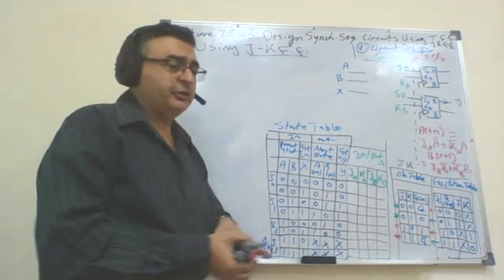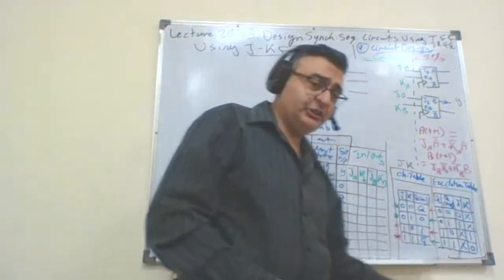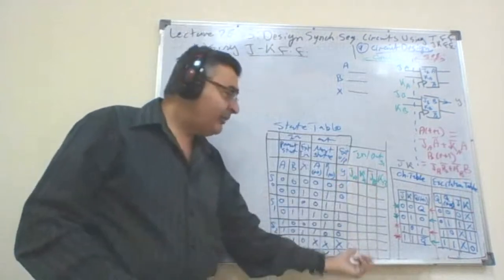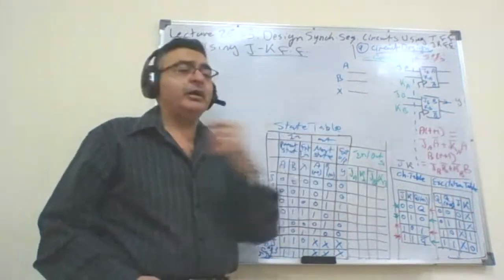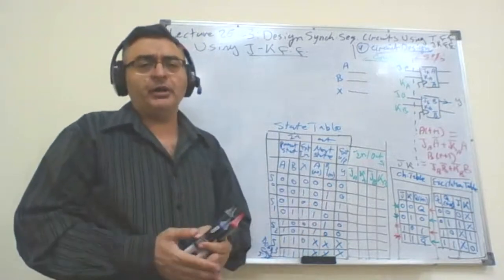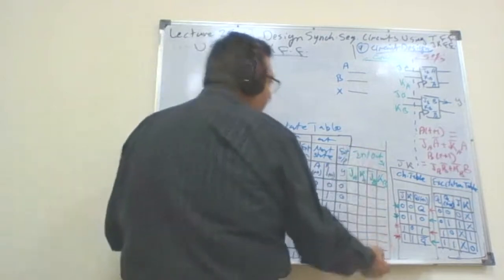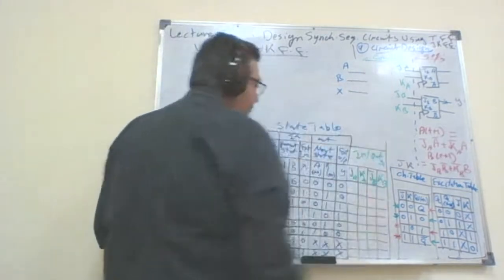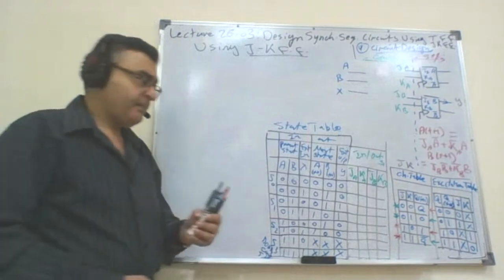Now, after deriving the excitation table, we will use it to derive the JA, KA, JB, KB in our examples. This is all what I'm looking for. I'm looking for those columns. Without those columns, I cannot design the combinational circuit here. I cannot build my K-maps.